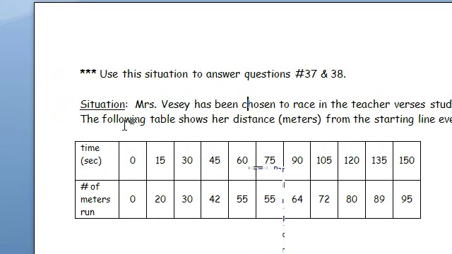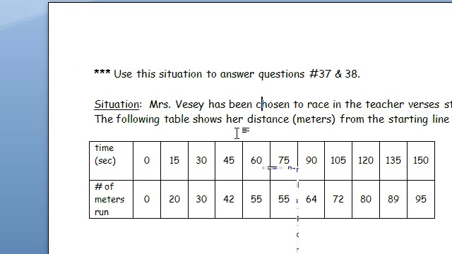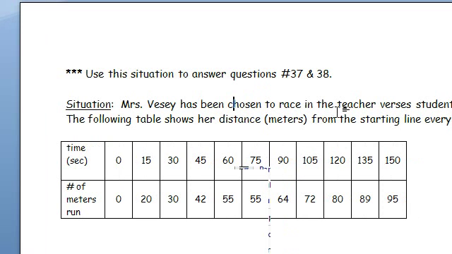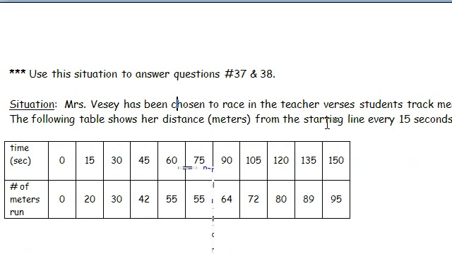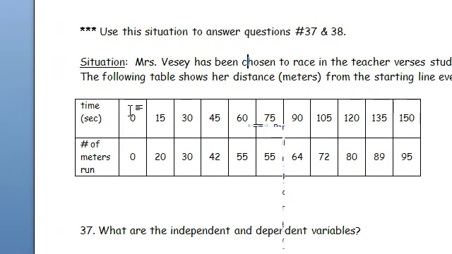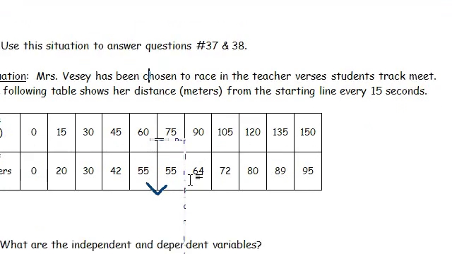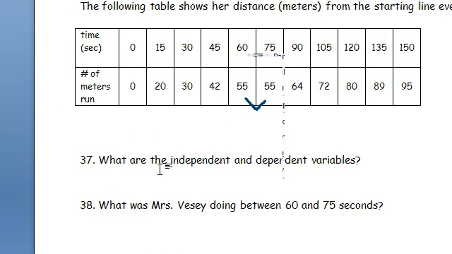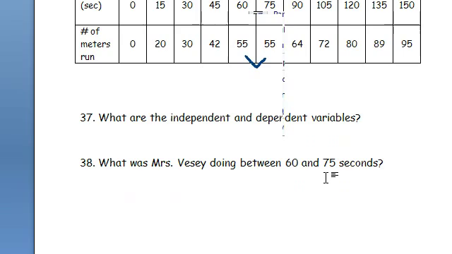Oh no! The following table shows her distance, meters, from the starting line every 15 seconds. Wow, well, let's see how she does. Uh-oh, something happened to her right here. 55, 55. Okay, so she's going at a little clip here. Pretty good clip. What are the independent and dependent variables?